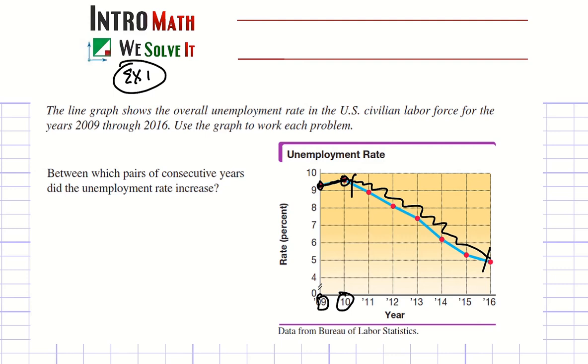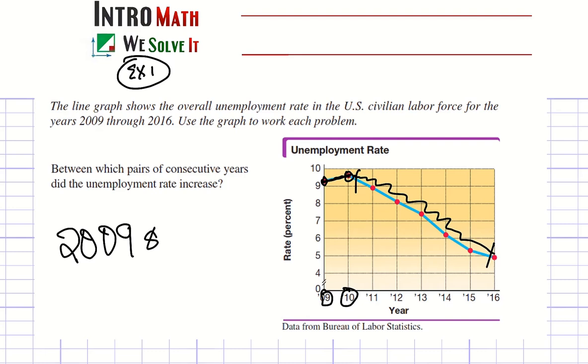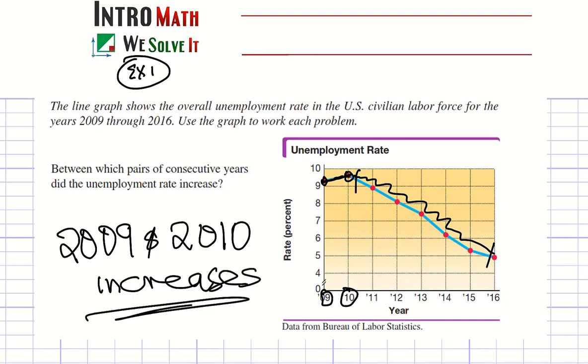It increases a little bit, not much, and then after that it went down. So those are 2 consecutive years, 2009 and 2010. The unemployment rate increases there. That's all they need to know.